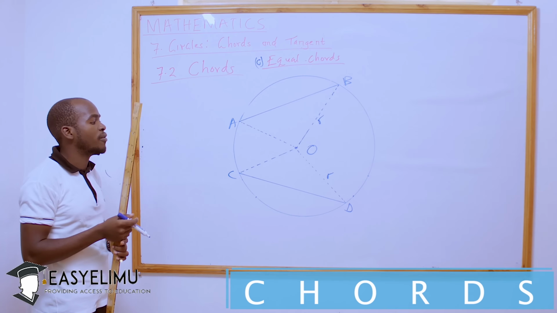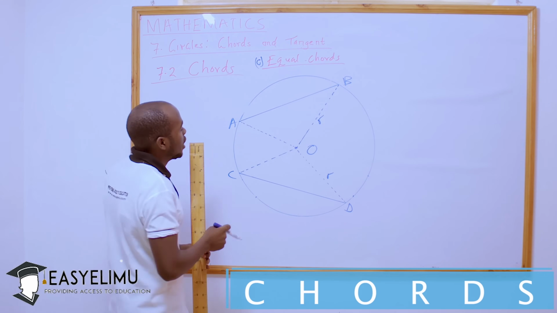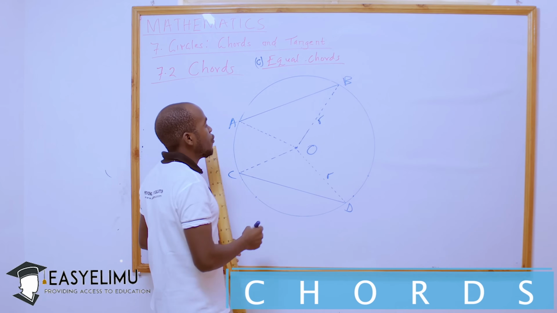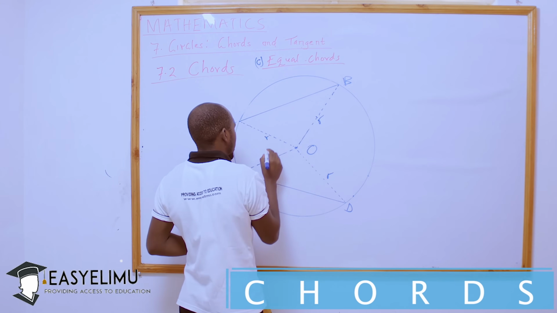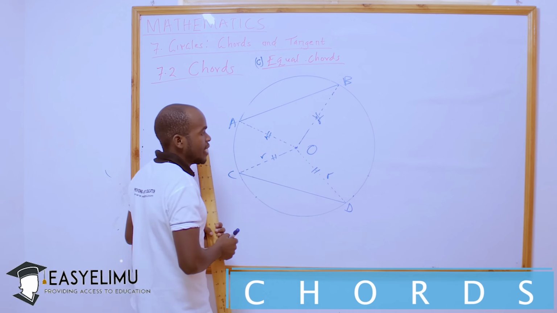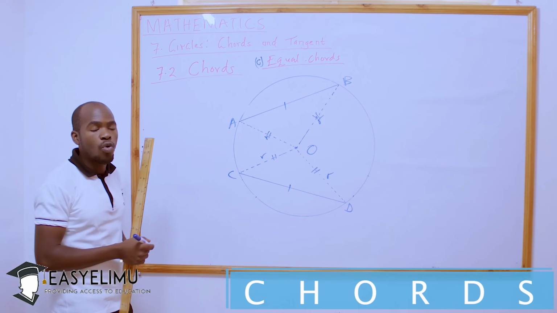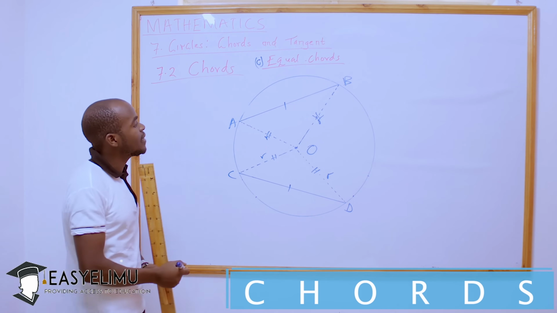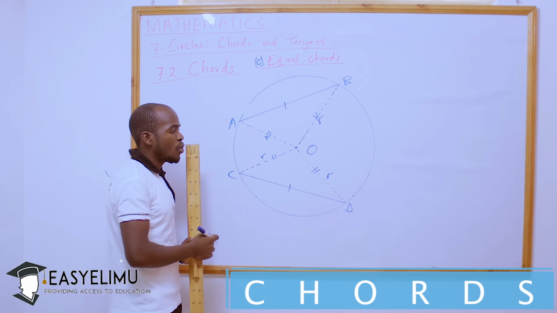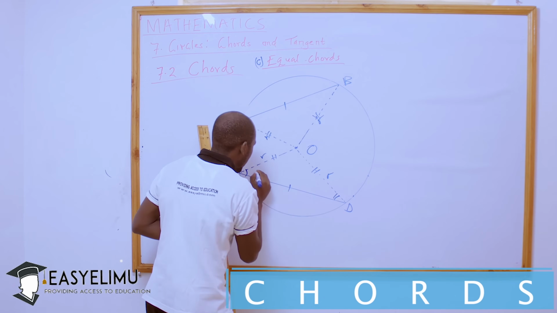So we are going to have a sample which looks like that, whereby AOB and OCD are triangles, of which these ones here are all radii. So we note that chord AB and chord CD are equal. They have the same length. And as we can see here, we have two sides which are equal, meaning that if two sides are equal, the base angles must always be equal.